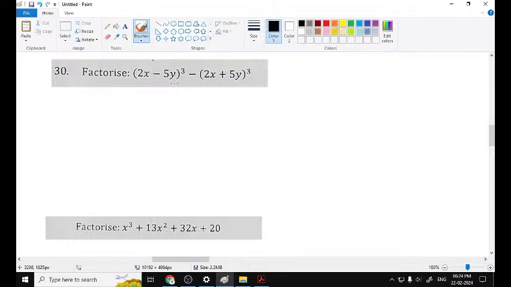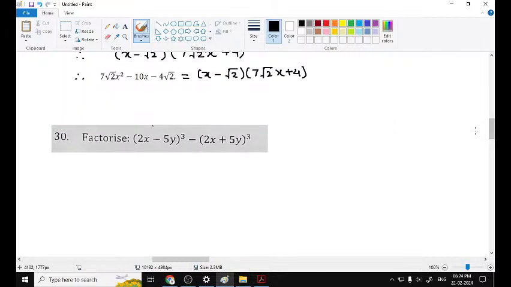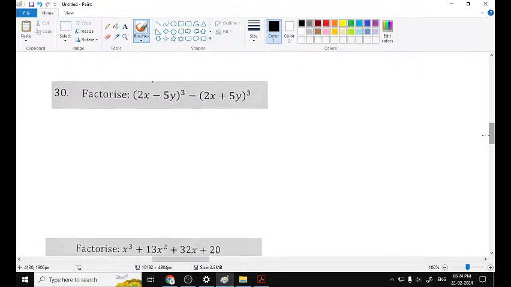Factorize 2x minus 5y whole cube minus 2x plus 5y whole cube.